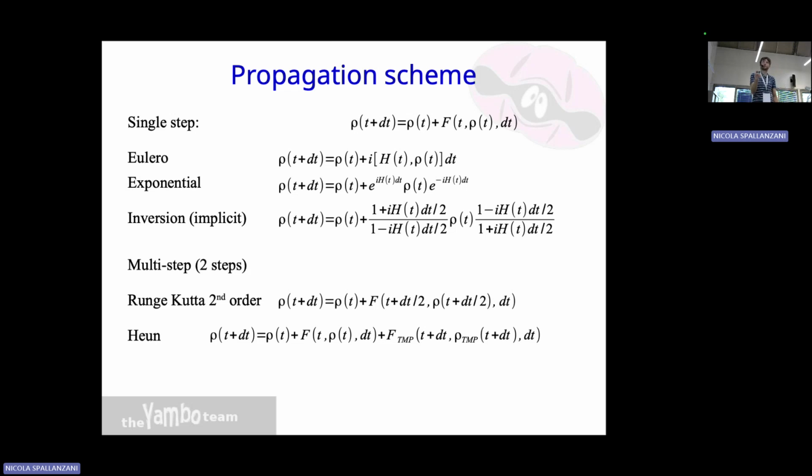So it's a two-step propagation. So the main message is that the real-time propagation is a tricky numerical procedure, and one has to pay attention to the size of the time step and the kind of propagator that you use.